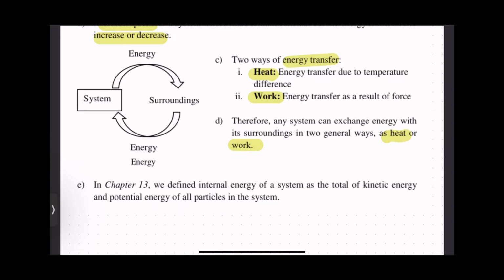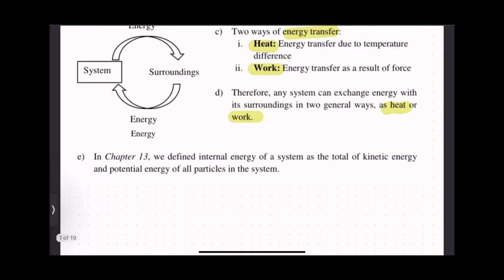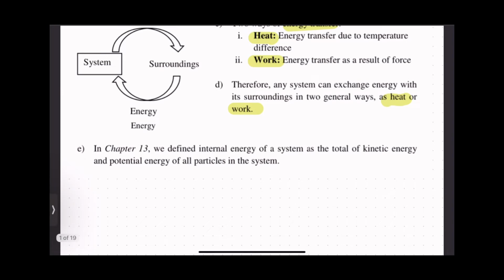Okay, so in chapter 13, you have already learned and defined what internal energy of the system is: the total of kinetic energy and the potential energy of all particles in the system, given by the equation of internal energy, U equals f over 2 times RT.